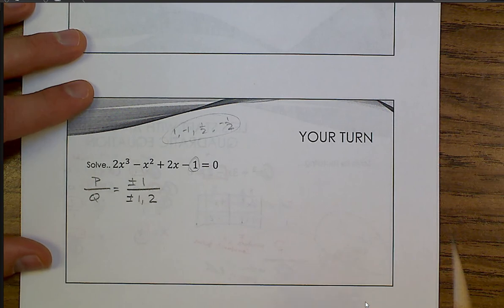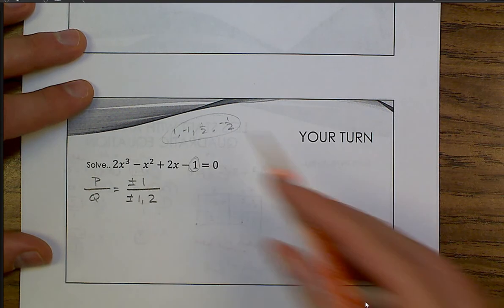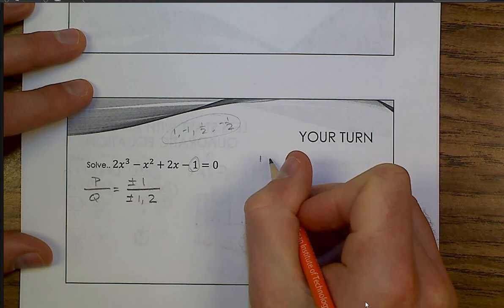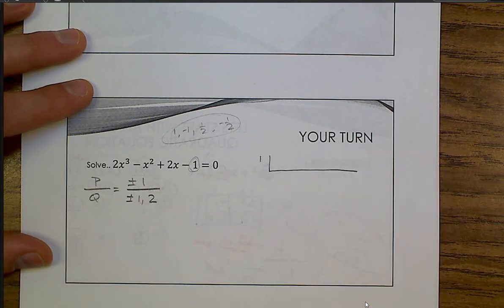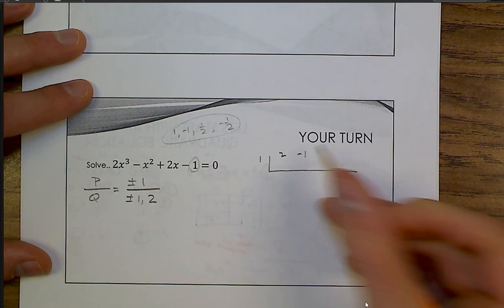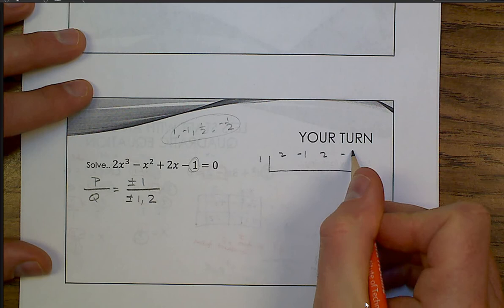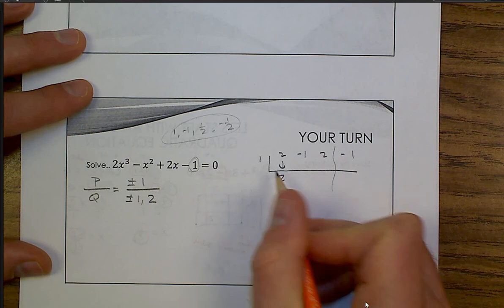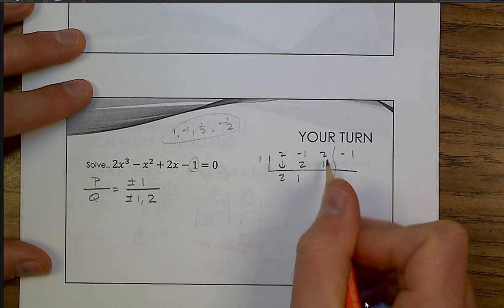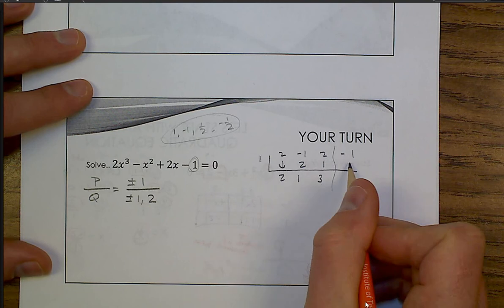So let's test one. Let's just pick positive 1, and we're going to test it using synthetic division. So we've got 2, negative 1, 2, and negative 1. And we'll just do synthetic division. 2, that gives me a 2, 1, 1, 3, 3, 2.